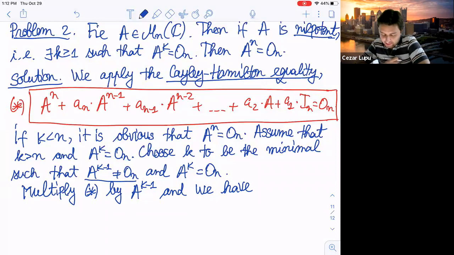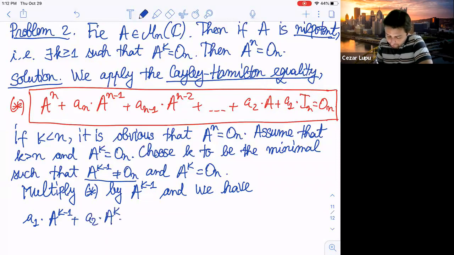We have that a1 times a to the power k minus 1 plus a2 times a to the power k plus all the way plus an times a to the power k plus n minus 2, right?